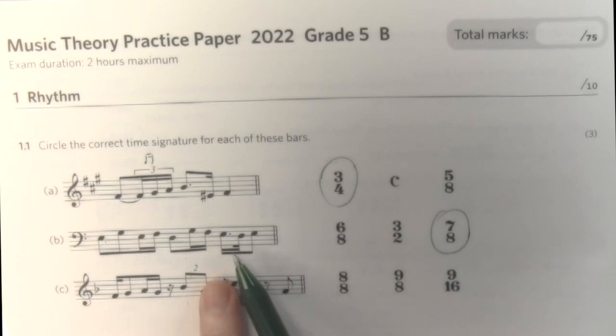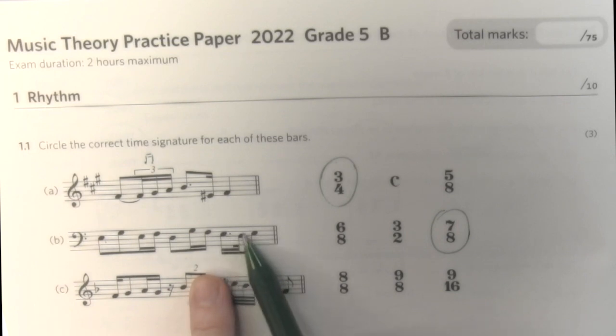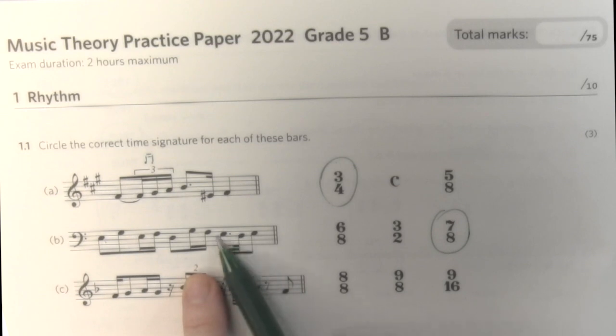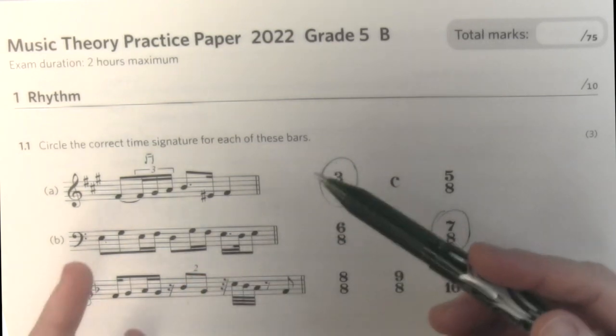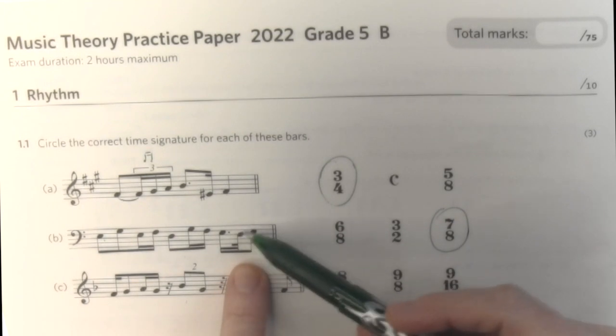In this case, look at here, I didn't spend too much time thinking and overthinking about this, especially because we have 1 semiquaver and another semiquaver here. But as we see, this is grouped together, so it must be equivalent to 1. 1 of what? In this case, quavers, because it's paired up with a quaver.